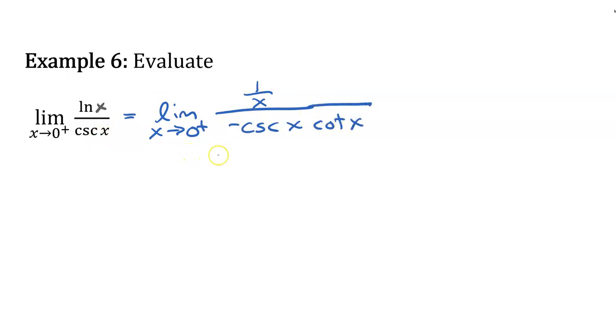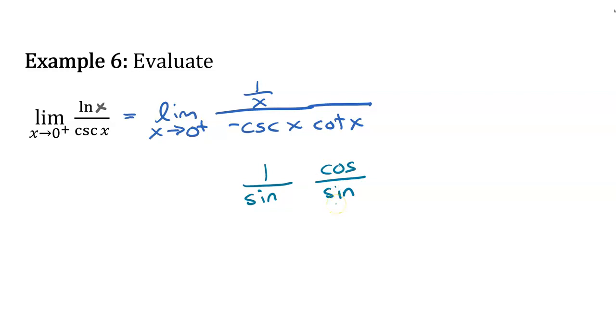Can we apply the limit now? It's a little bit harder because, I don't know about you, but that just looks weird to me. Let's simplify this yucky stuff. We've got too many fractions. So cosecant is 1 over sine, and cotangent is cosine over sine.